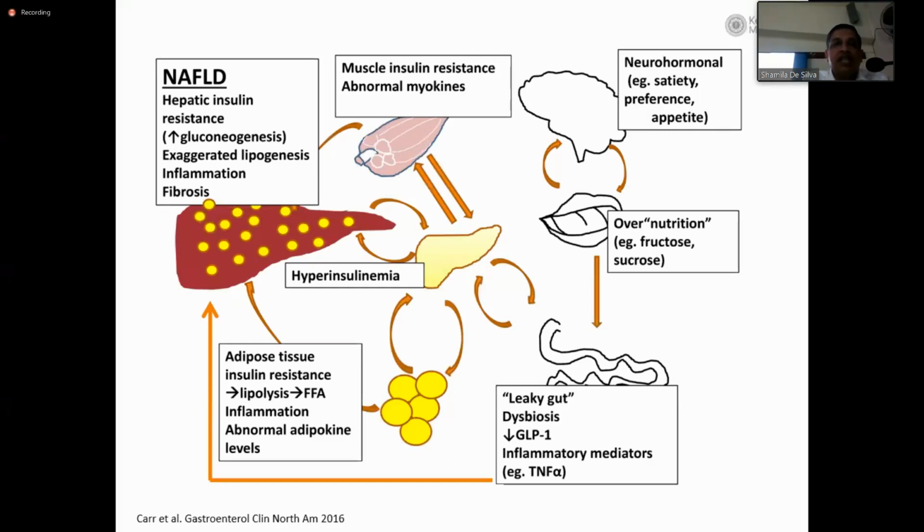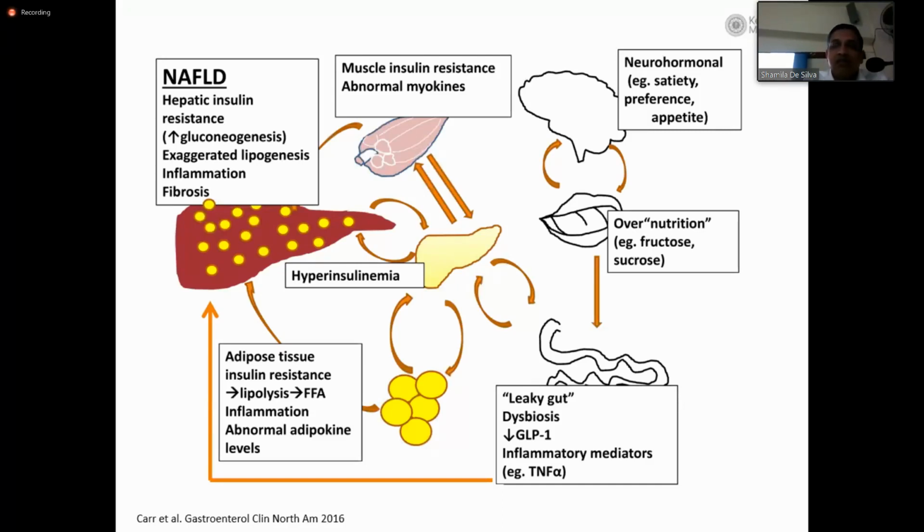Within the liver, when there is insulin resistance, there is increased gluconeogenesis, exaggerated lipogenesis, inflammation, and fibrosis. Insulin resistance in the adipose tissue will result in lipolysis, increased free fatty acids, inflammation, and release of abnormal adipokines, which when taken into the liver will stimulate inflammation and liver fibrosis.